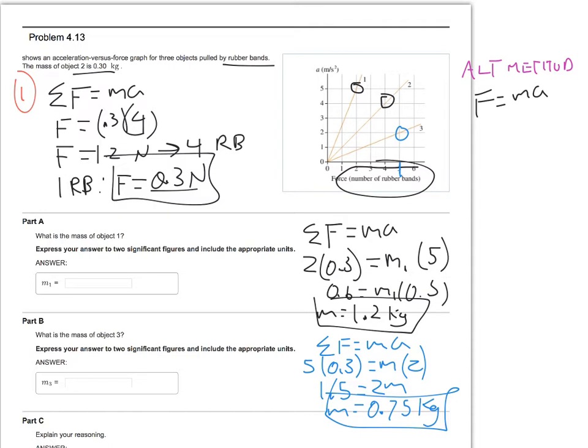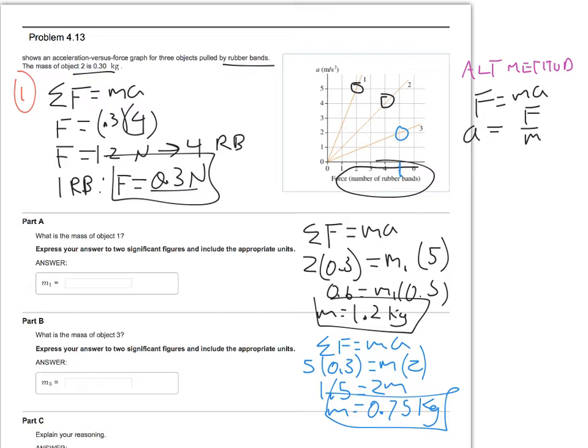And if we look at our graph here, we see that the y-axis has a on it, and the x-axis has force. Now, if you remember from our unit on linearization, when we're trying to do that equation matching, as I call it, and think about what a graph would look like based off of an equation, we always first isolate the variable that's on the y. So we can say the acceleration is equal to force divided by mass.